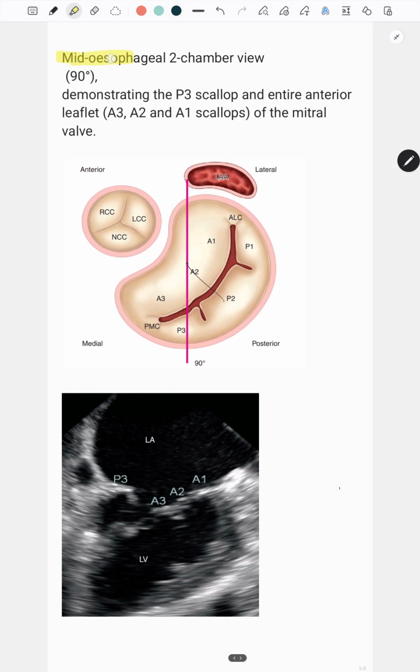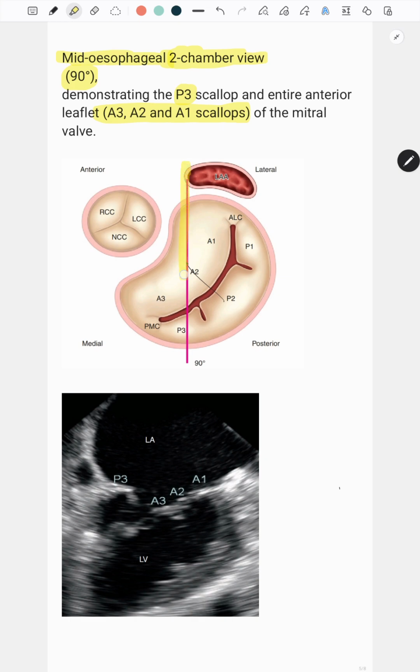One more mid-esophageal view is the 2-chamber view at 90 degrees, wherein we can see all 3 segments of the anterior mitral leaflet with a part of the posterior mitral leaflet, that is P3.